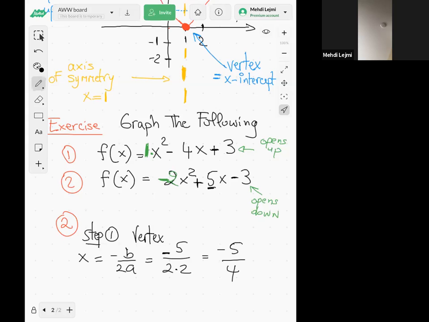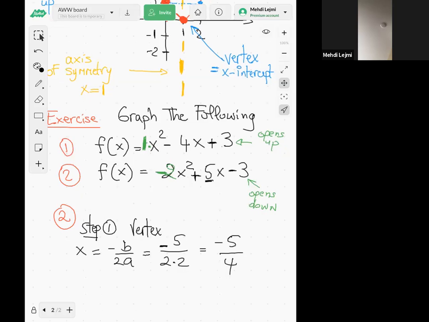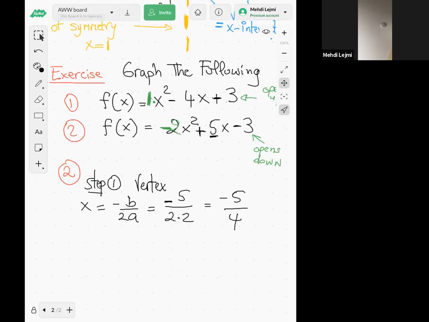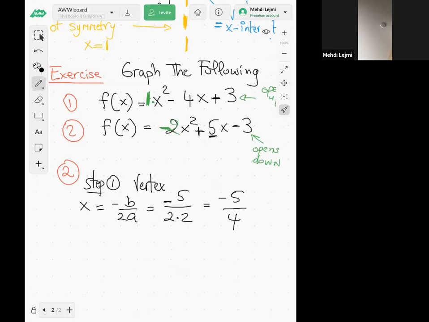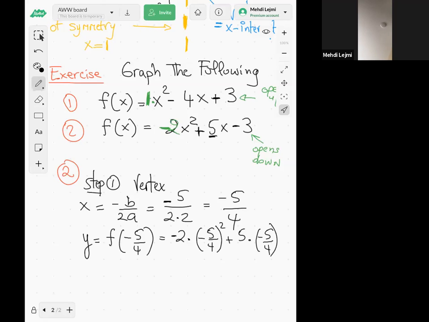That's the x coordinate of the vertex. The y coordinate would be f of negative 5 over 4, so you plug negative 5 over 4 into f: negative 2 times negative 5 over 4 squared, plus 5 times negative 5 over 4, minus 3.